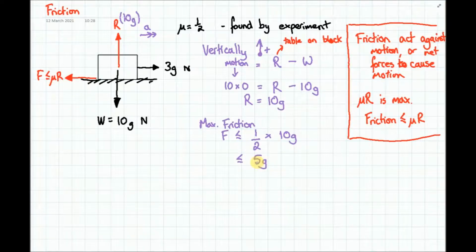Finally, to find out what's happening for this problem, we say horizontally what's happening. And I'm going to say positive is to the right. So we now put into an equation, we've got our mass times the acceleration it's going to generate, so that's 10 times the acceleration.